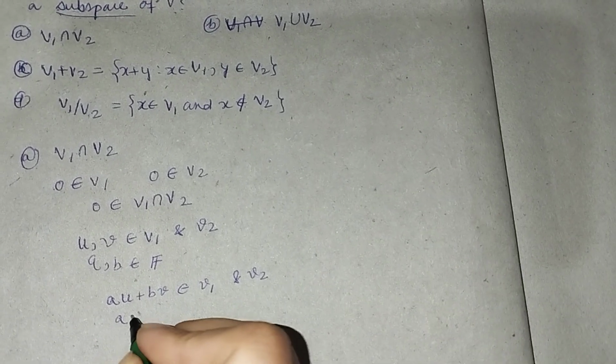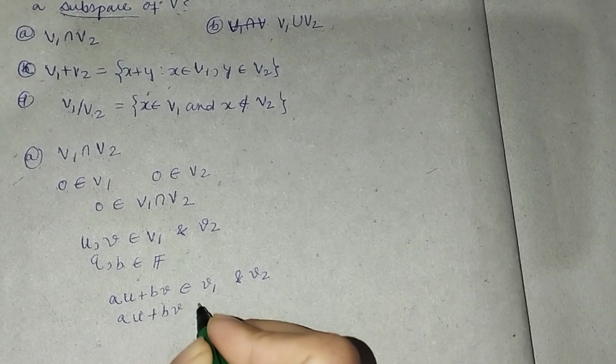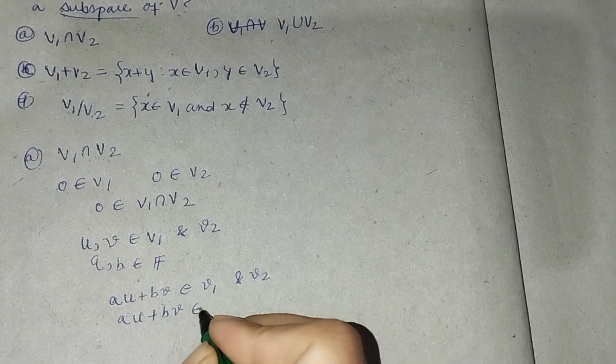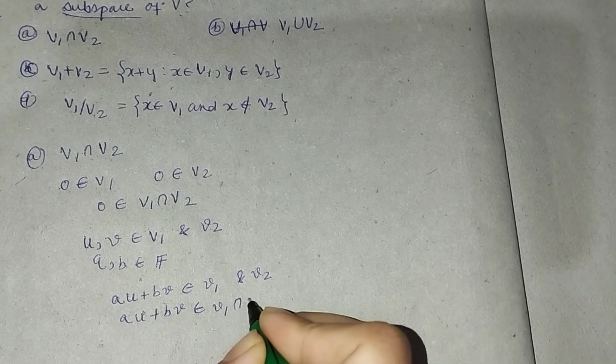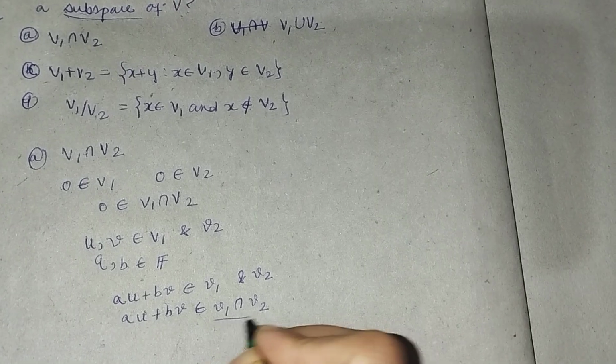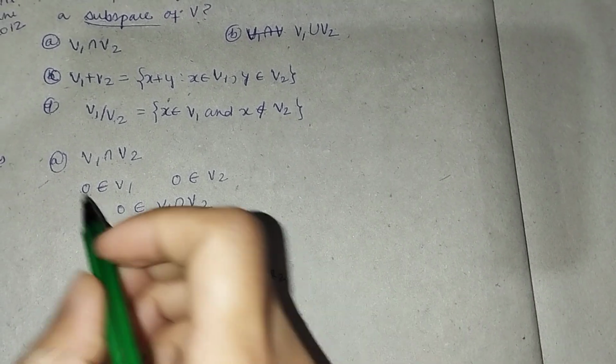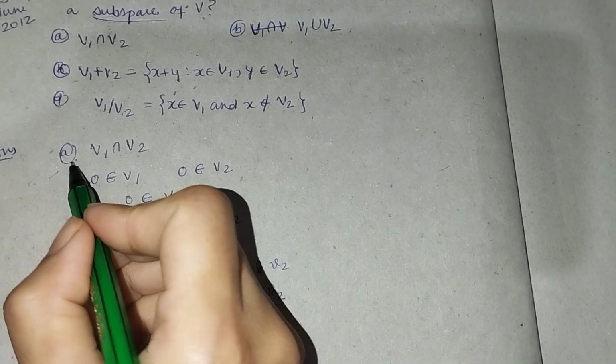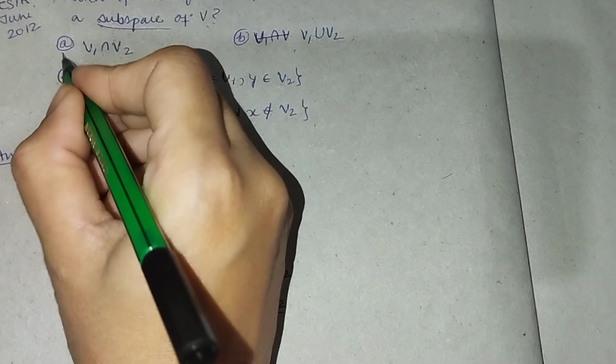It means this linear combination again belongs to V1 intersection V2, which satisfies the given first option. So option A will be correct.